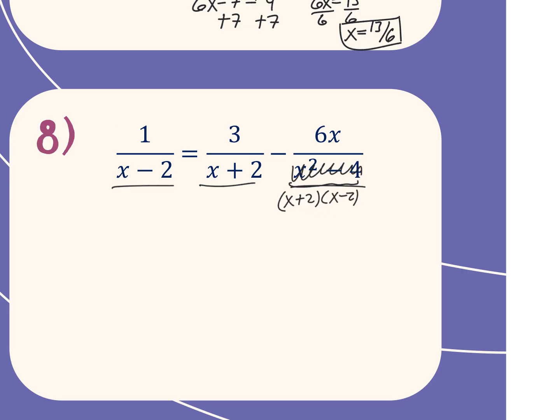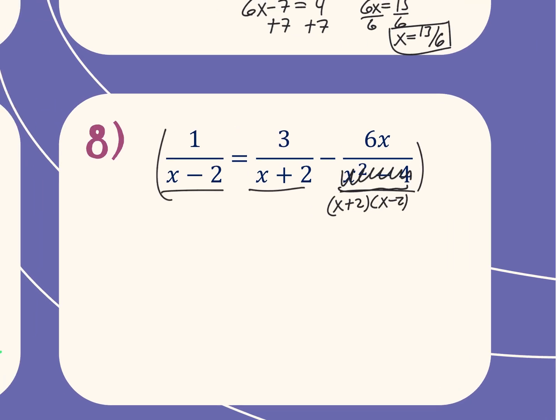And then now I can multiply this entire equation by x plus 2, x minus 2. Right, because that's the only thing that matches. We don't have any other extra factors here. So I'm going to distribute it to every single term here, and then hopefully we can see this x minus 2 and this x minus 2 are going to cancel out. All right, so cancel, cancel.